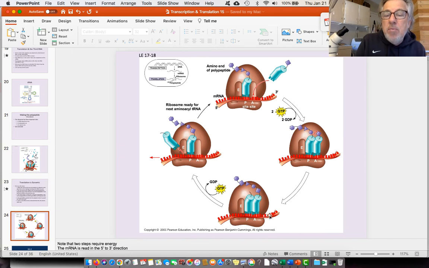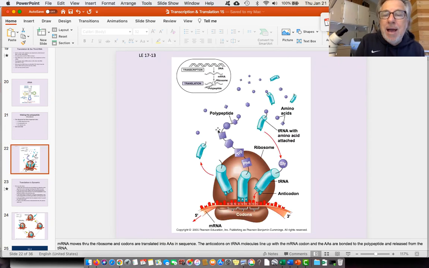And then once it's bonded, more energy has to be used to move the whole thing to the left, at which point the old tRNA is now ejected, and is shown here that can go back out into the cytoplasm and get an amino acid reattached and then come back and participate in translation again.